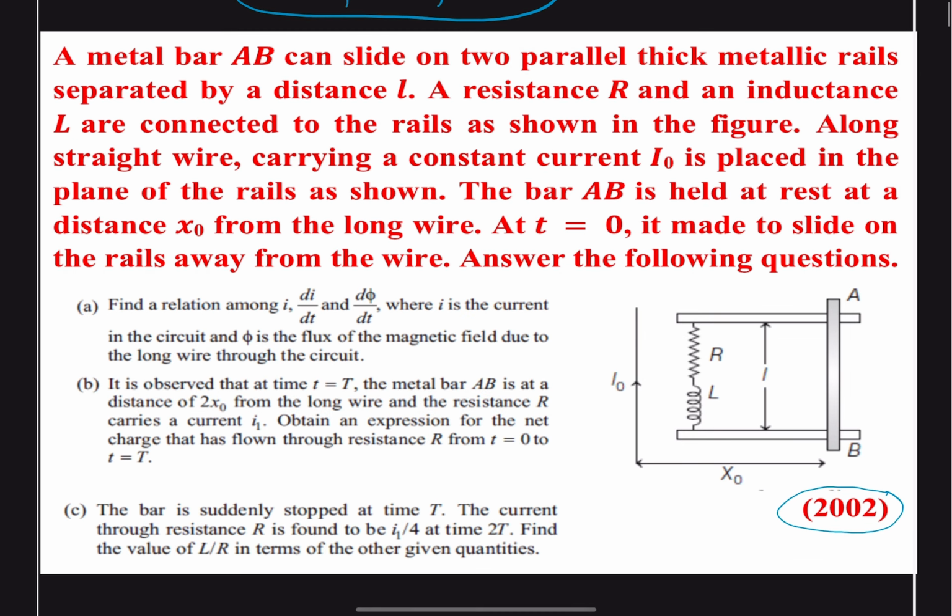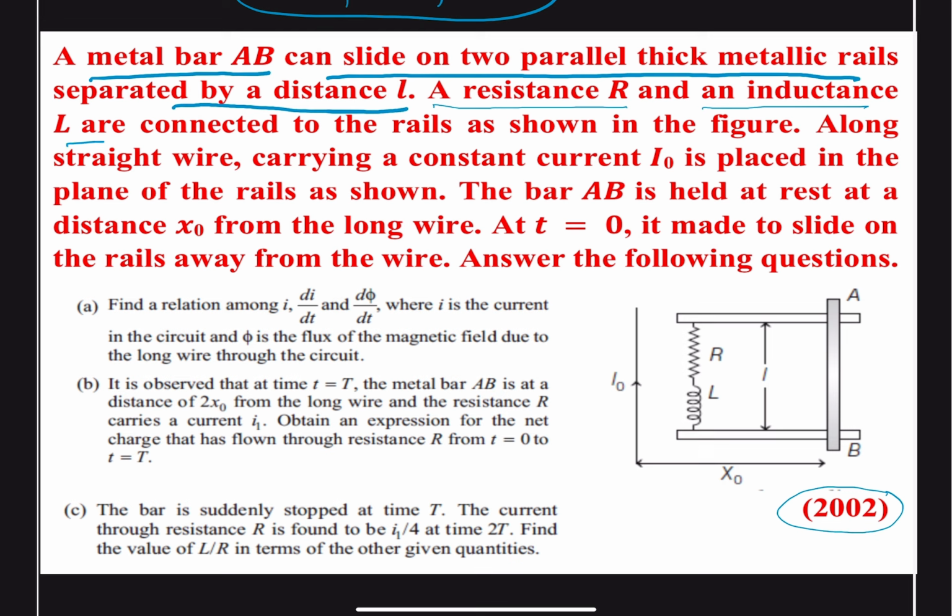we are given a metal bar AB that can slide on two parallel thick metallic rails separated by a distance L. A resistance R and an inductance L are connected to the rail as shown in the figure.